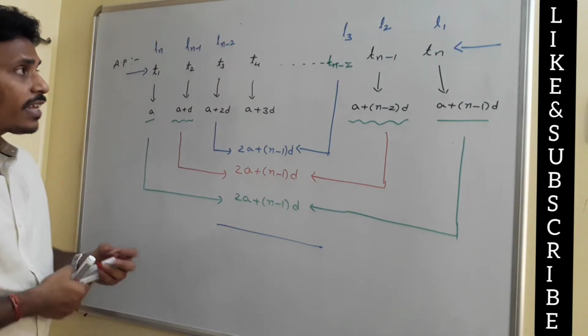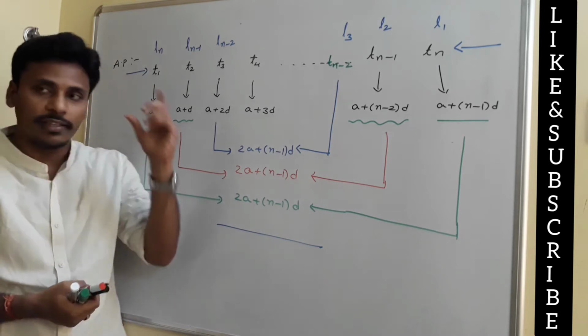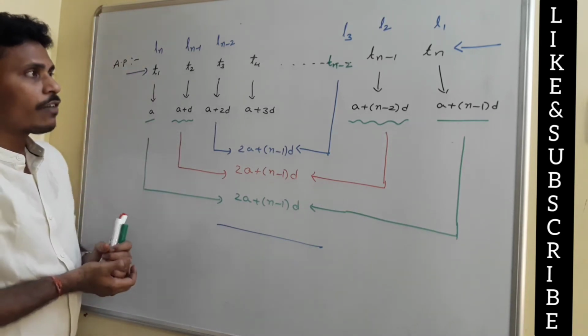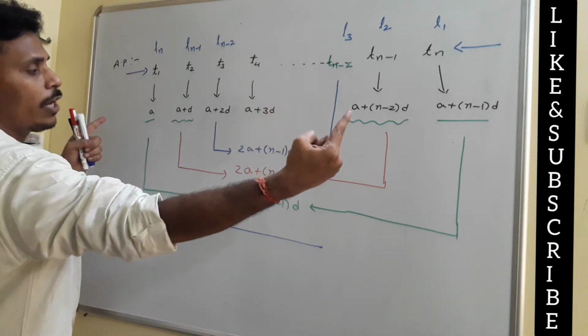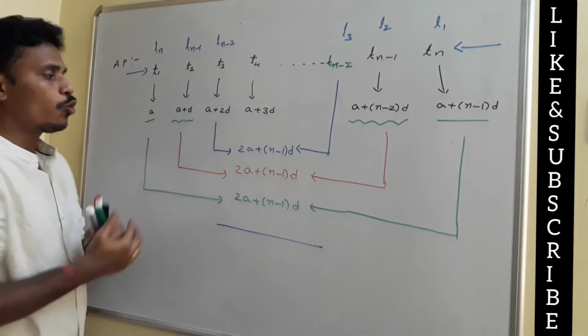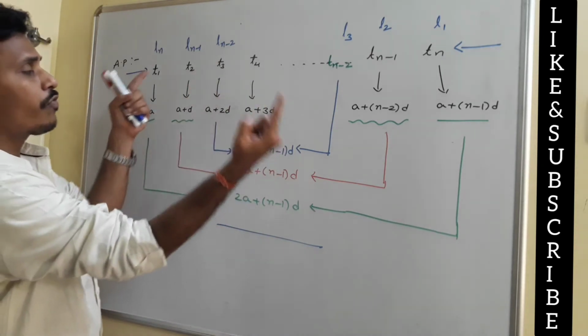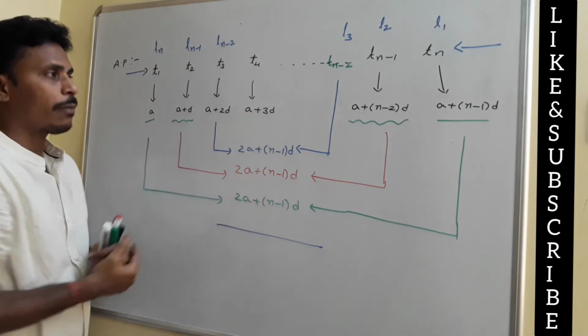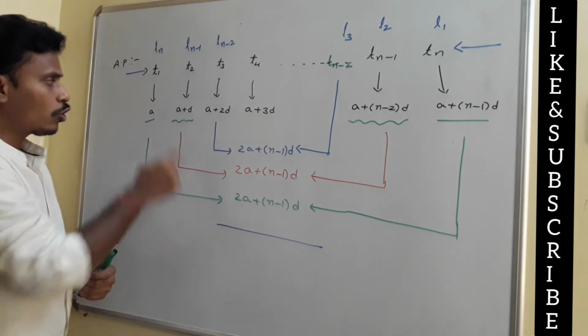So it is clearly suggesting this. And one more thing we identified is the sum of those two values is 2a plus n minus 1 into d. Sum of the next two values is 2a plus n minus 1 into d. Sum of the next two values t3 and L3 is again 2a plus n minus 1 into d, right? So the summation is like this.